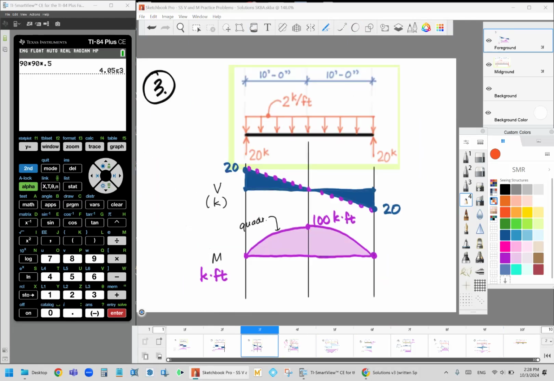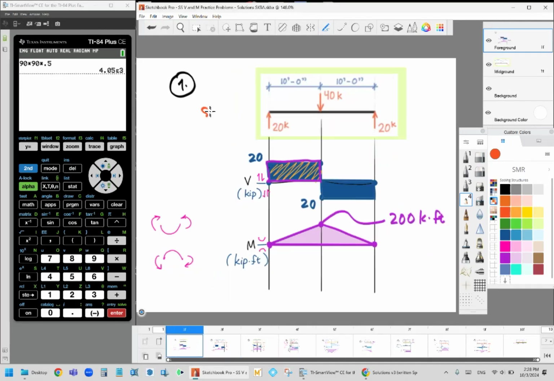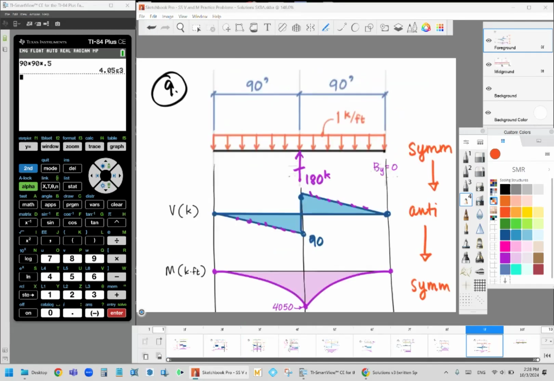To go all the way back here, this was symmetric, integrates to anti-symmetric, integrates to symmetric. And I think it was the same here. So it's just a calculus thing, but it can help you solve these a little quicker and also troubleshoot errors. So we see that on several of these examples. All right, back to this one.